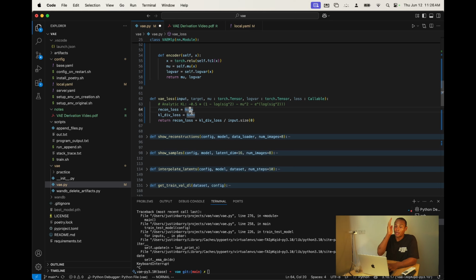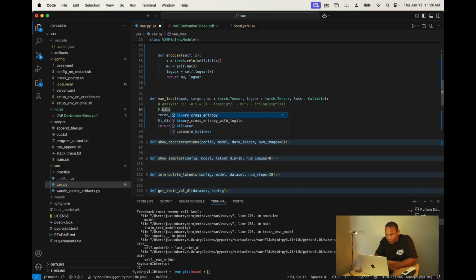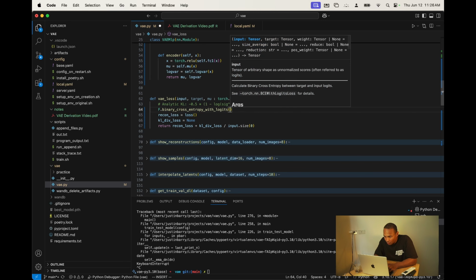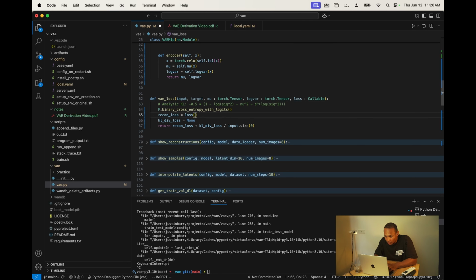So I'm going to do the binary cross entropy loss on a pixel level, and I'm going to sum it across all images in the batch. That's our loss function, but I'm just going to put a placeholder here so I can remember what's passed in. So it's input, target, and then reduction.